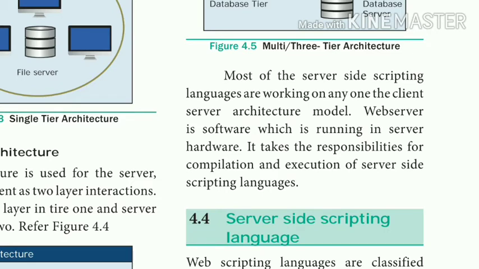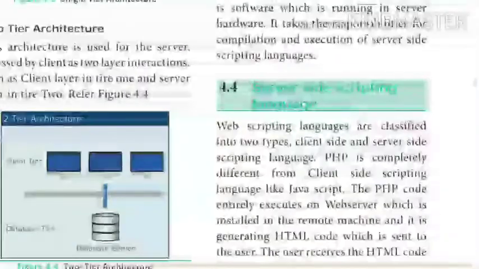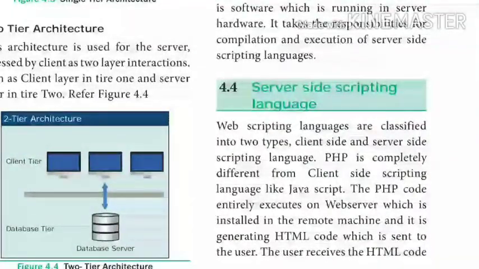So most of the work is done on the server side hardware. This server side scripting is installed on the server so that it can be accessed only in the server module. Next is server side scripting language. Web languages are classified into two types: client side and server side scripting languages.